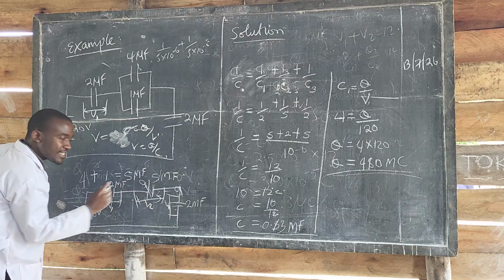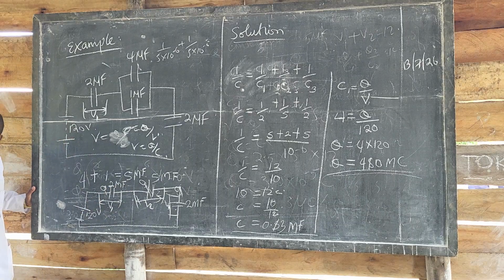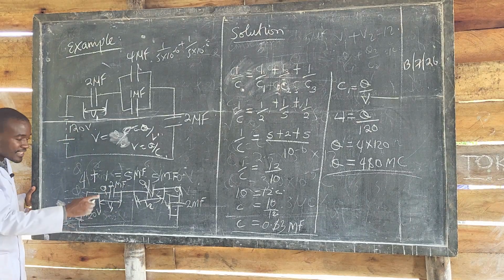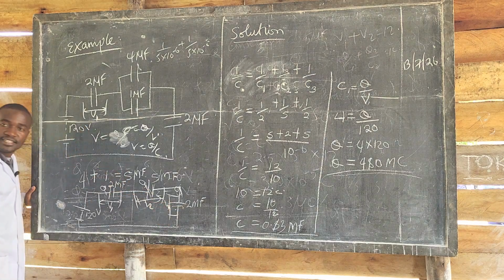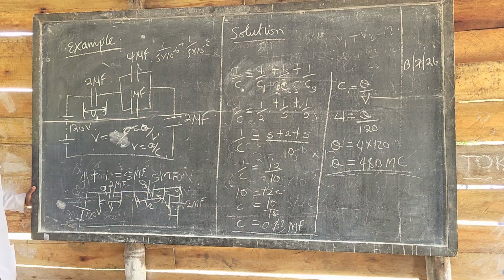So the Q is the same, you factor it out. Then you substitute for C1, C2, and C3. Right? Are we together?